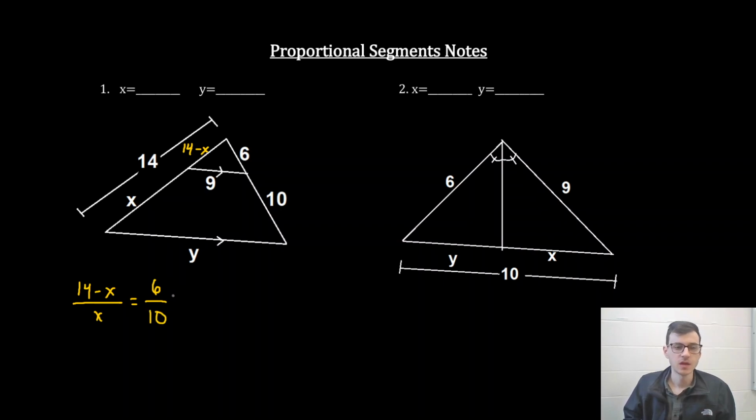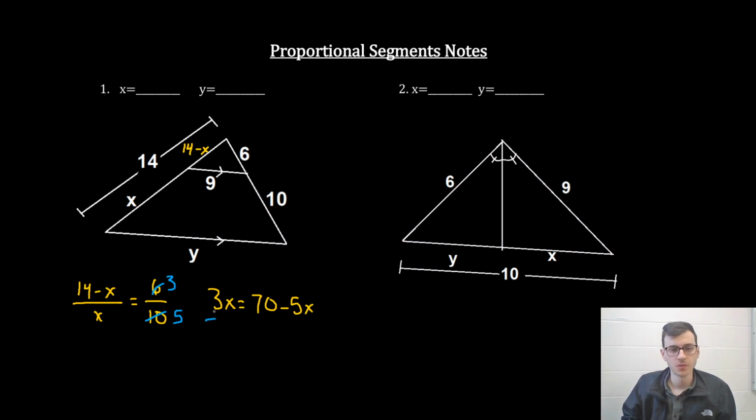Okay, 6 over 10 actually simplifies to 3 over 5. And now I can solve. 3x is equal to 5 times 14, which is 70, minus 5x.